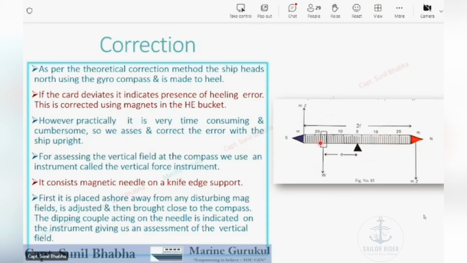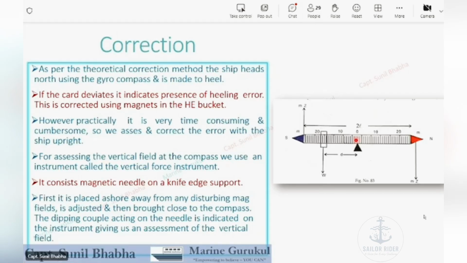Once the VFI is balanced in this particular way, the compass adjuster keeps it carefully in the box, and he now brings this box on the ship, and he places this VFI, vertical force instrument, in the compass location.